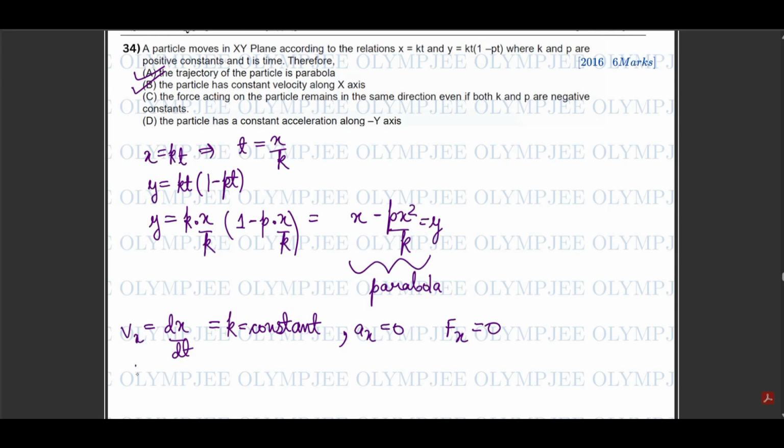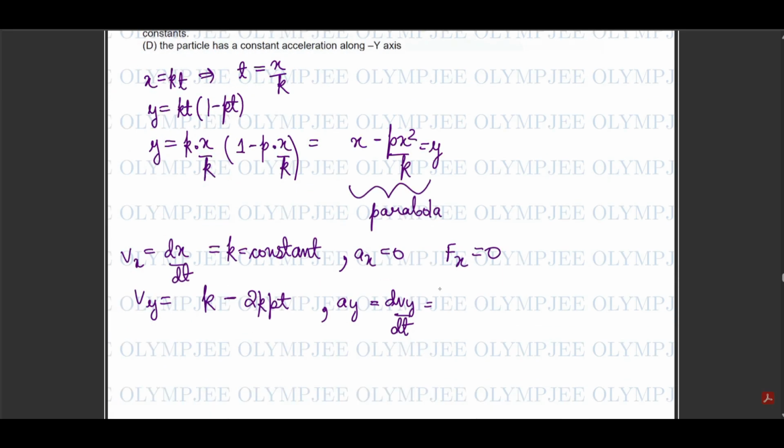Now in the y direction, the velocity is given by k minus 2kpt, and acceleration is given by dvy by dt, which is minus 2kp.